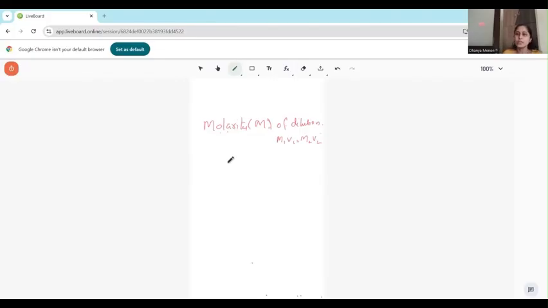So based on the molarity of dilution, let's do a formula. I have written down the formula over here.